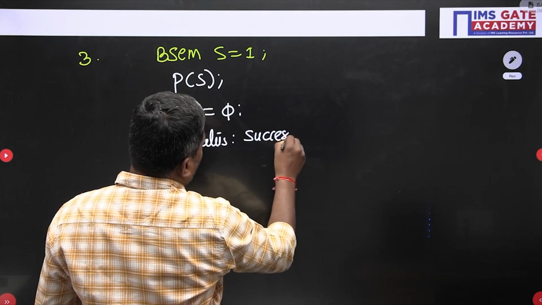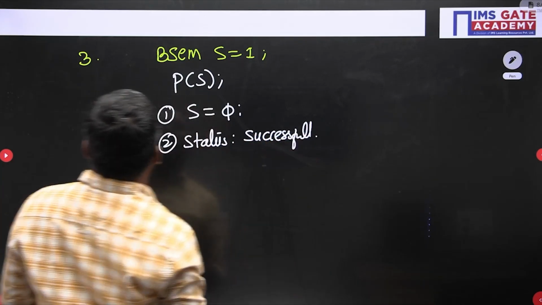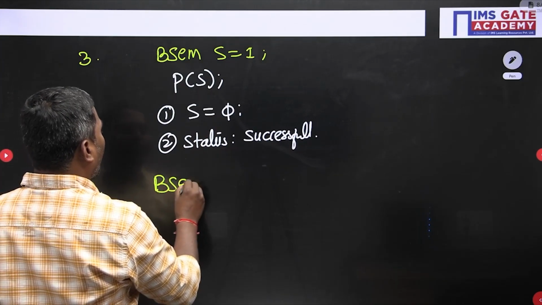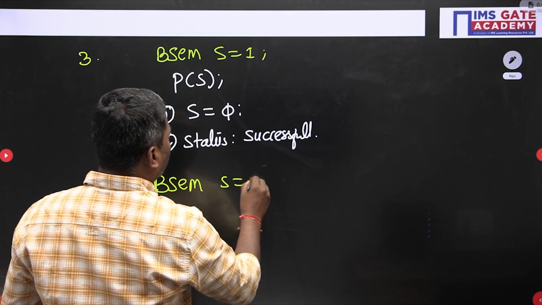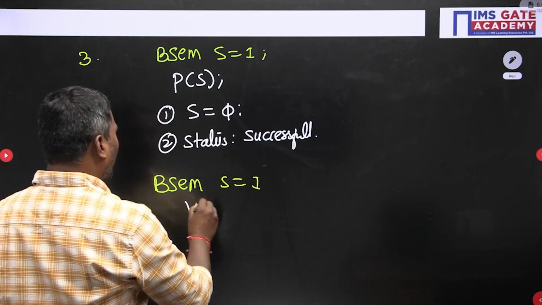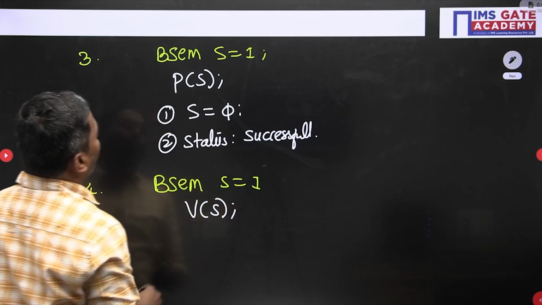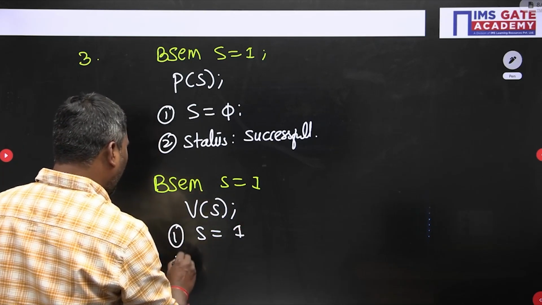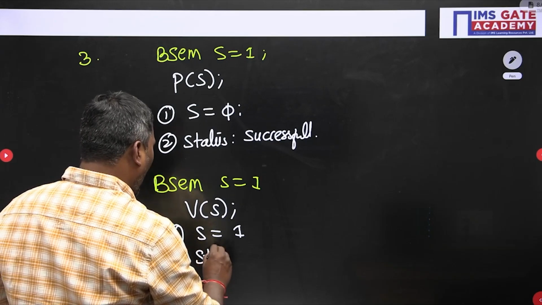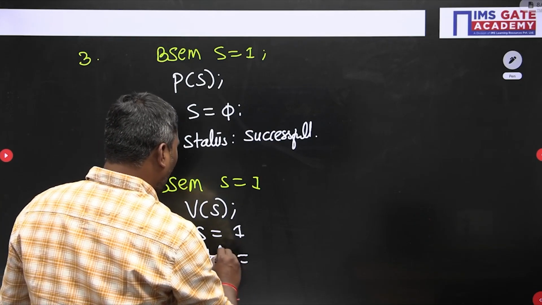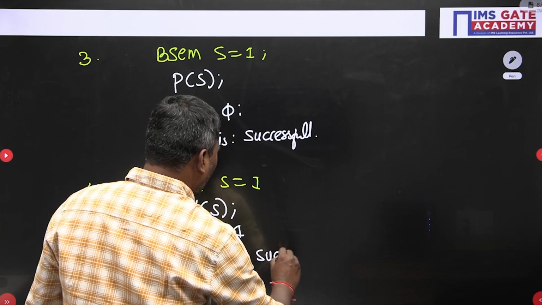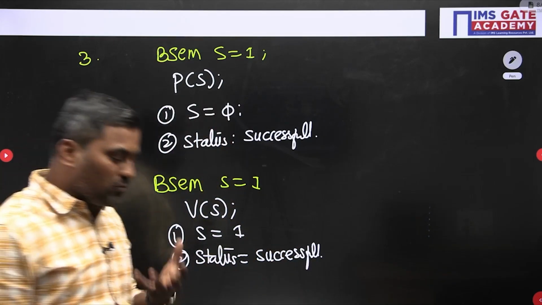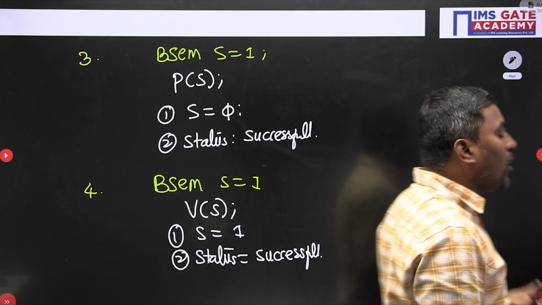Point number 4: binary semaphore S equal to 1, and I perform the V of S operation, the up operation. The S value still becomes 1 only, and the status of the operation is again successful. I repeat my point: there is no unsuccessful operation while performing the up operation.